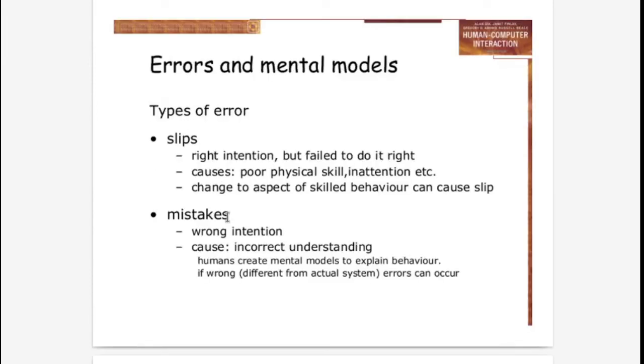Here, as we said, people make mental models that explain some behavior. For example, in one hotel in Germany, there was a lift, and near the lift there was a button. If you pressed this button, the lights would be switched off.